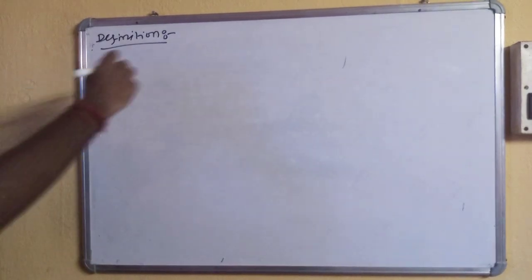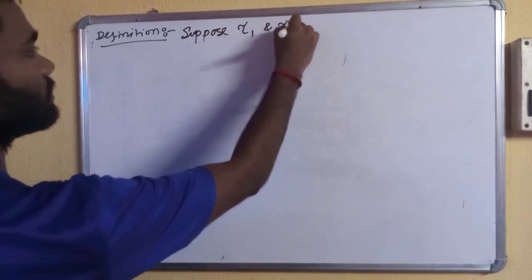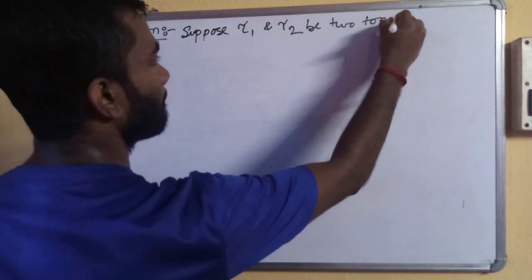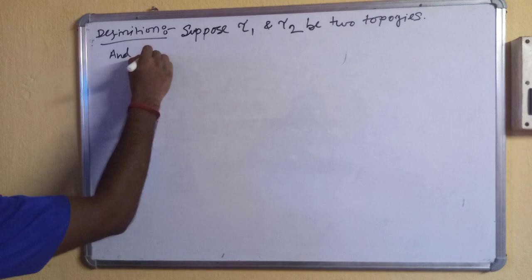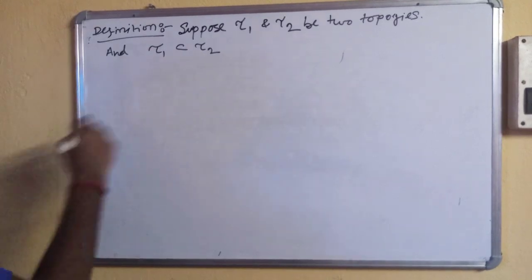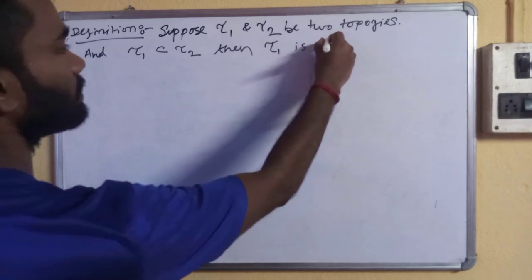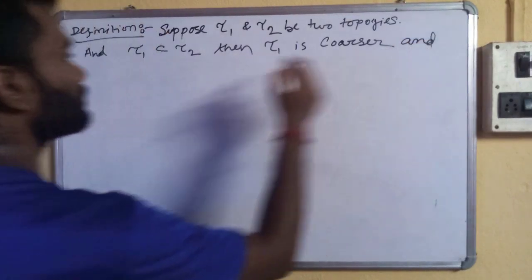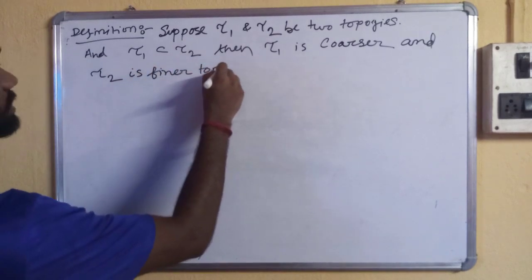Suppose tau 1 and tau 2 are two topologies and tau 1 is contained in tau 2, then tau 1 is coarser and tau 2 is the finer topology, right?